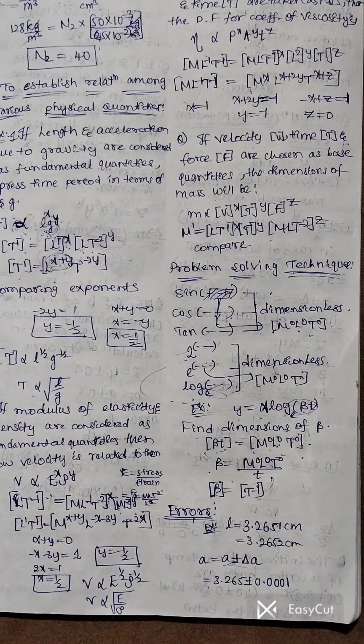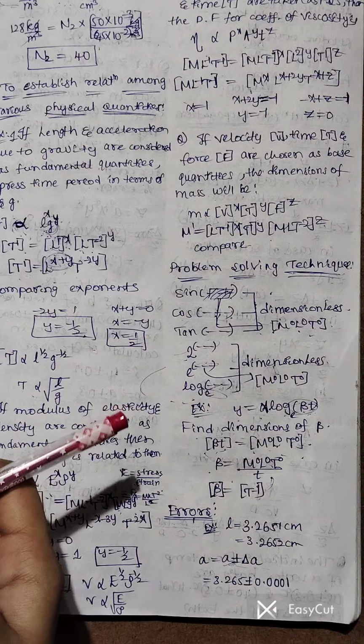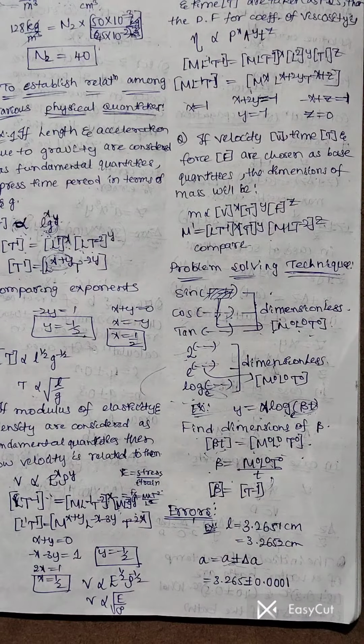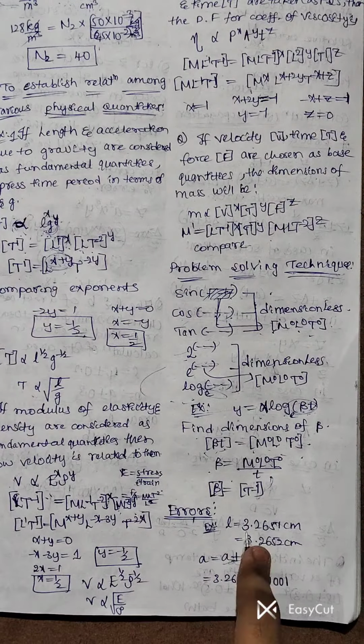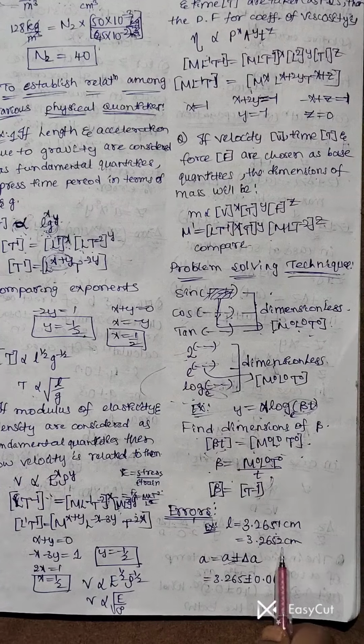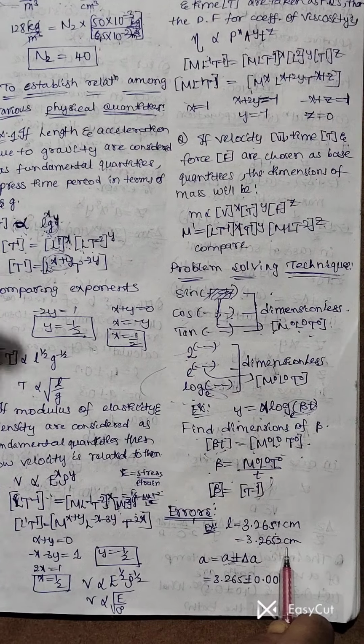Now we are going to enter into error calculations. We have finished units and dimensions, and now we are going through error calculation. For example, if by measuring the cap of this pen, one person measured it as 3.2651 centimeter and another person measured it as 3.2652 centimeter, there was an error.